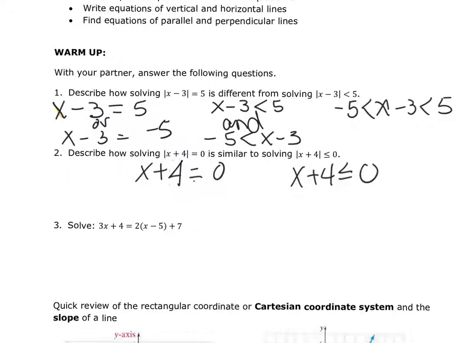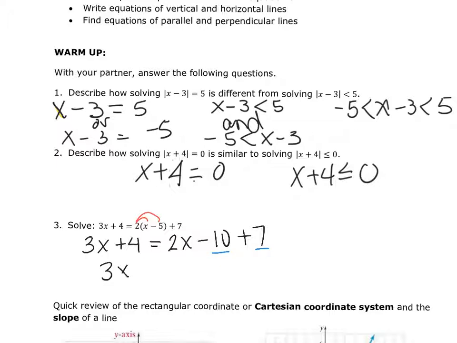Now, the last one is just making sure that you're comfortable and confident with solving linear equations in one variable. Remember, on the right side of the equal sign, I would have to distribute the 2 through. So to start you off, I have 3x plus 4 is equal to, and I distribute the 2 to the x, distribute the 2 to the 5, and combine like terms on the right side of the equation.